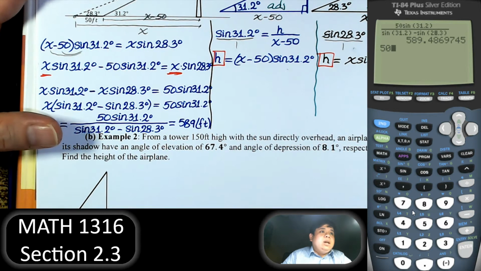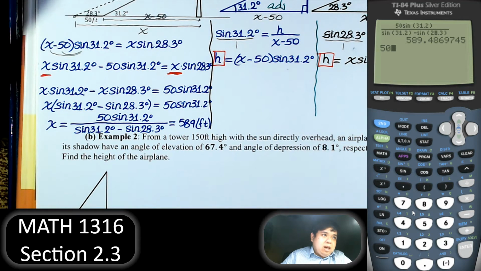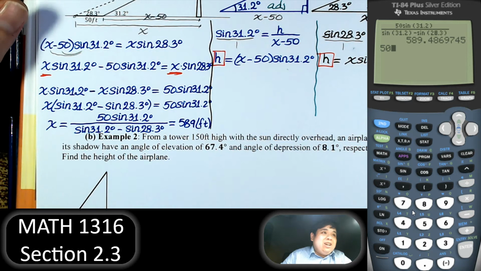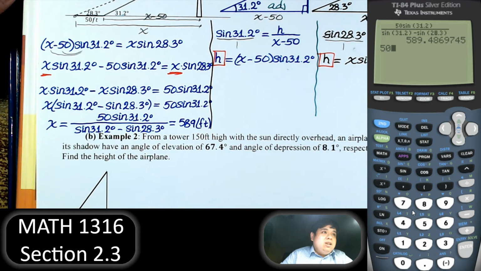Wait, let me type again. 50 times the function of 31.2, divided by, we have to put parentheses for the denominator, the function of 31.2 subtract the function of 28.3. Yeah, so that's what we have.